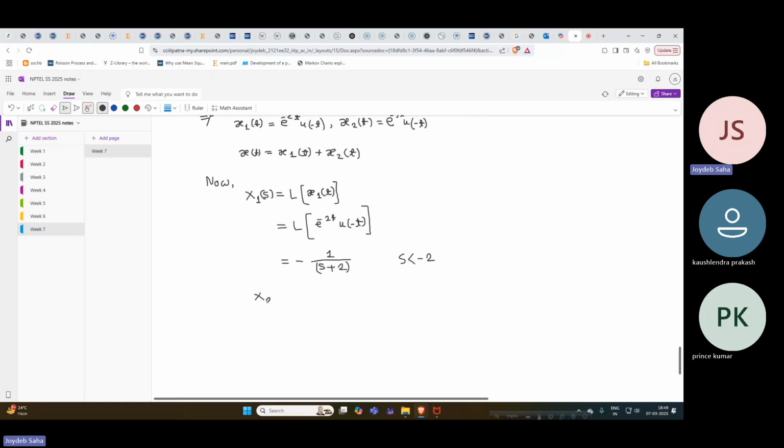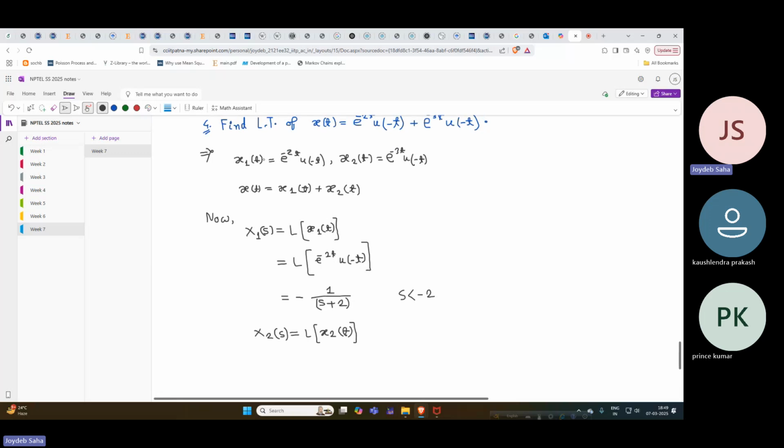Now X2(s) is the Laplace transform of x2(t). So what we have done till now: we first broke x(t) into x1(t) and x2(t), and we calculated the Laplace transform of x1(t), which is minus 1 upon s plus 2, with the region of convergence s less than minus 2.